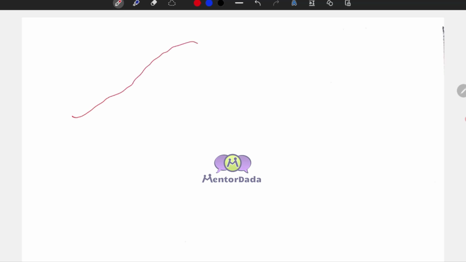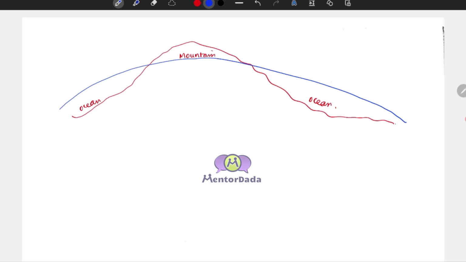Suppose these are the lowlands and these are the highlands, this is your mountain, this is your ocean. So if you consider the spheroidal earth, this is somehow like this. Okay, this is the spheroid.